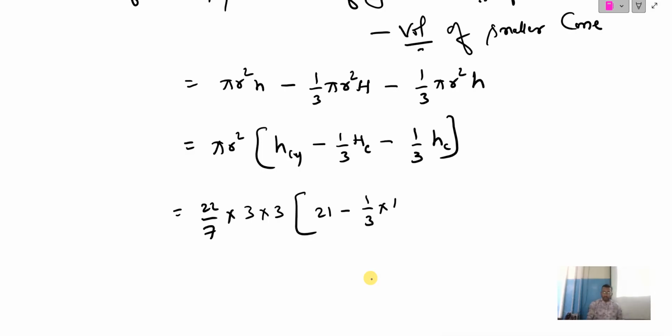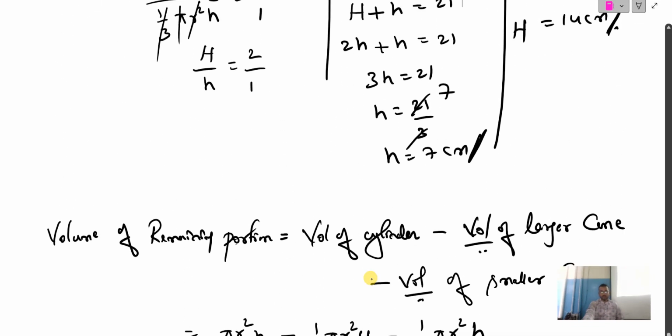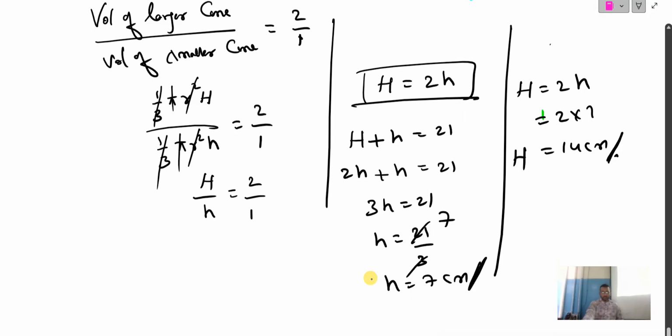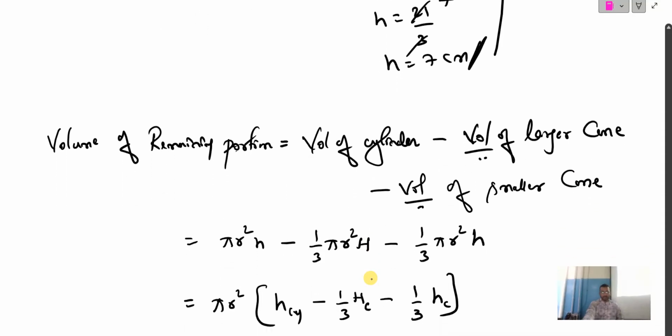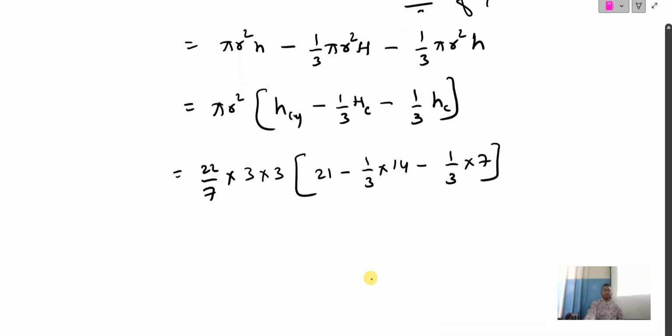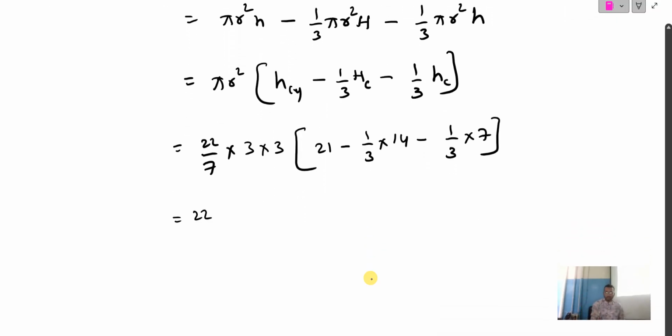21 minus 1 by 3 into 14. 3 fours are 12, remainder 2, point 20, 3 sixes are 18, so 4.6. Then 1 by 3 into 7: 3 twos are 6, remainder 1, point 10, 3 threes are 9, so 2.3.